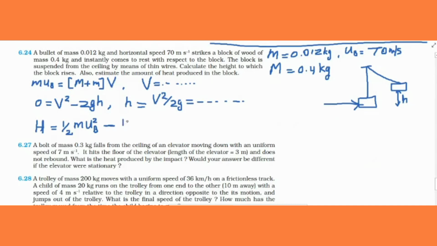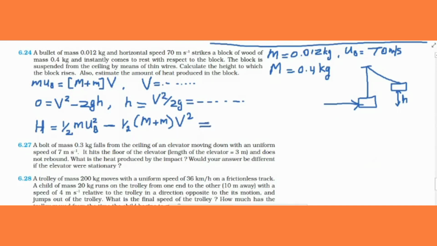That means half into (M plus m) into v square. So the second term represents the kinetic energy acquired by the block when the bullet is inside. The difference in energy is converted into heat energy.